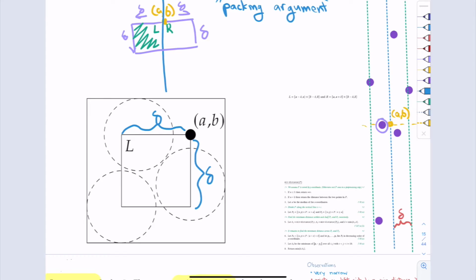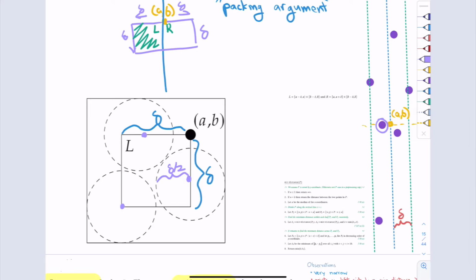Now, every time there's a point in that square, I'm trying to count the number of points in that square. I know that it has to be delta apart from any other point in that square. So imagine drawing a circle of radius delta over 2 around each of the points in that square.